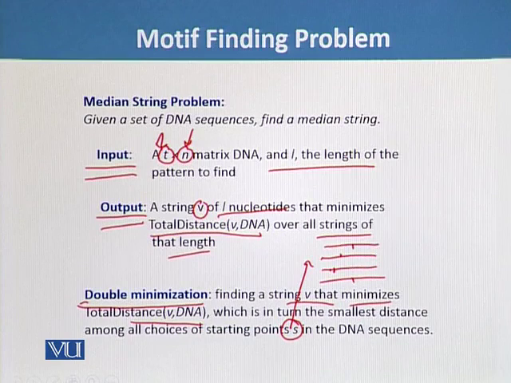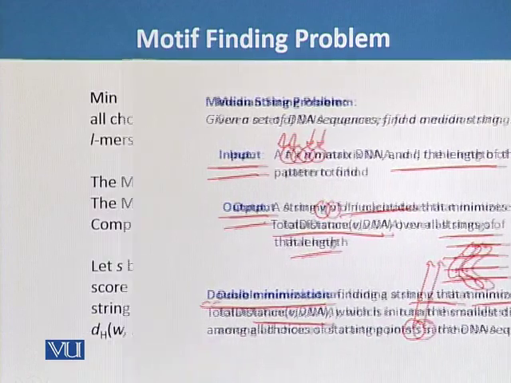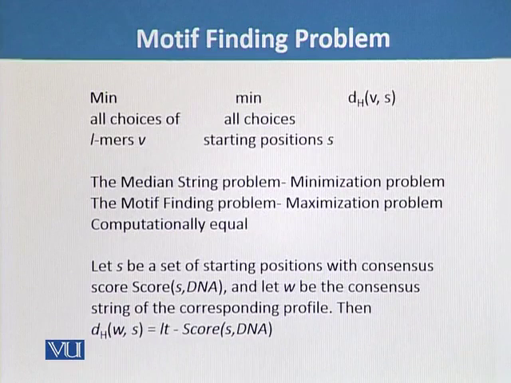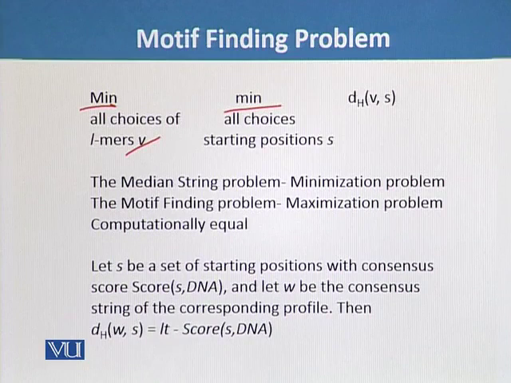So we have to calculate the minimum distance between these motifs within the DNA sequences. We have seen earlier that this is a double minimization process. One minimization is over all choices of L-mers V, and the second minimization is over all choices of starting position S. After this double minimization we will get the minimum Hamming score.